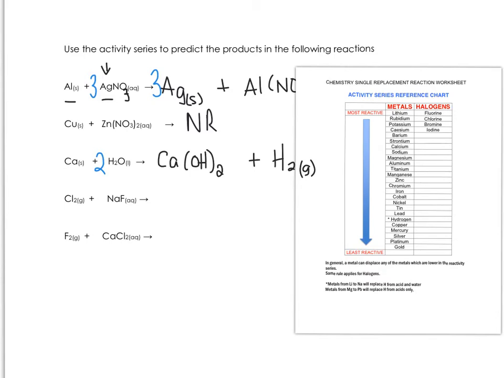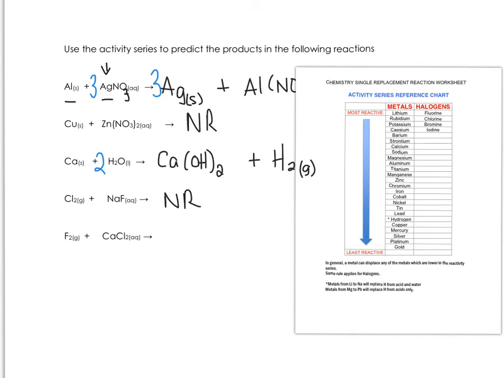If it's lower, you will have an NR, a no reaction. So we've got chlorine as the element and fluorine in the compound. Fluorine is more reactive than chlorine. It's higher. So chlorine cannot bump fluorine out. So this is an NR, no reaction.